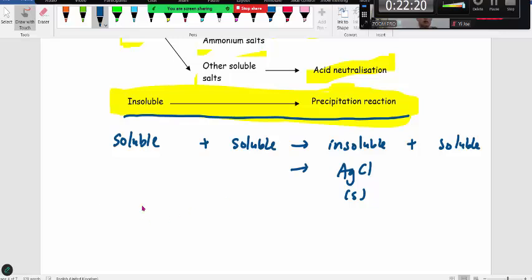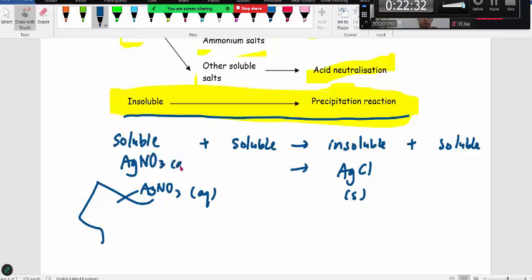So what you do is you take a beaker full of silver nitrate because all nitrates are soluble. Okay, so soluble means what? Soluble means the ions are freely moving in water.